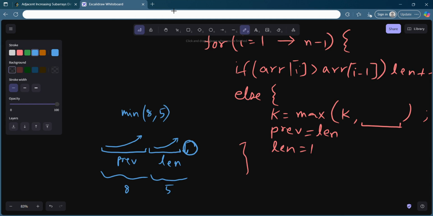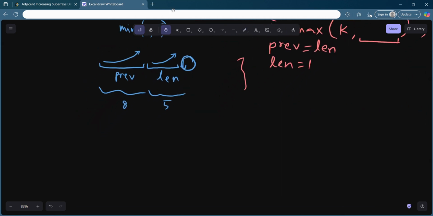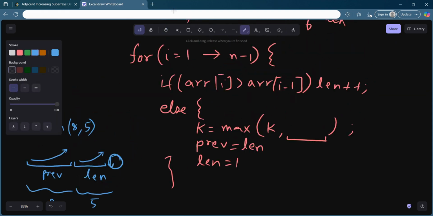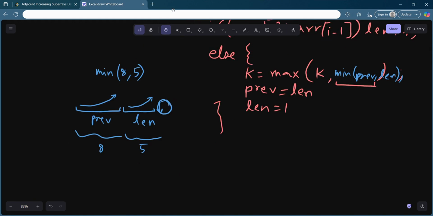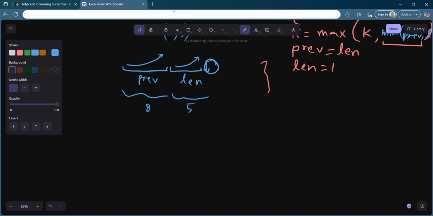Or what else could you have done? You could have also done something like this. You can just simply write here minimum of previous comma len. I hope you understand what I am trying to do. Or there could also be another case, not only always the minimum.